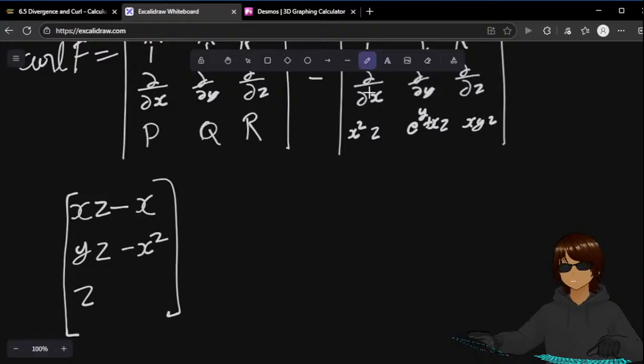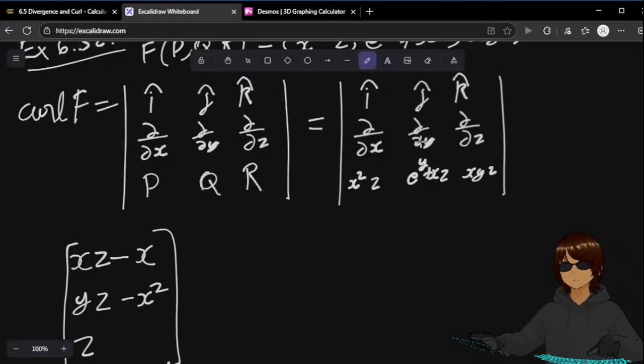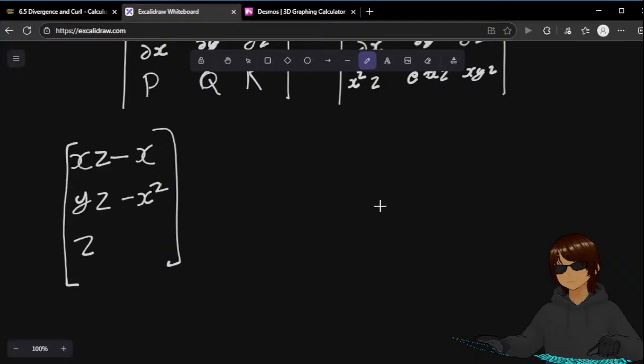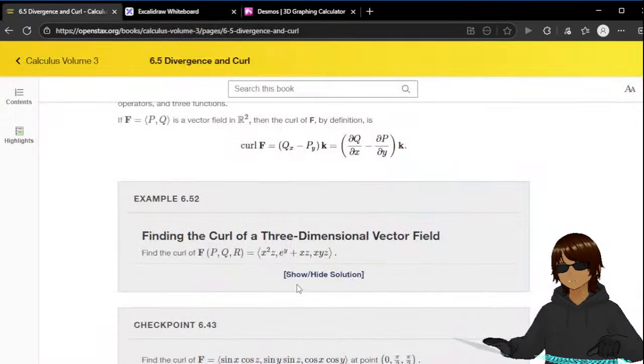Sorry, wait, for k, we have, yeah, but it's a derivative with respect to x. Wait, is this the answer, right?